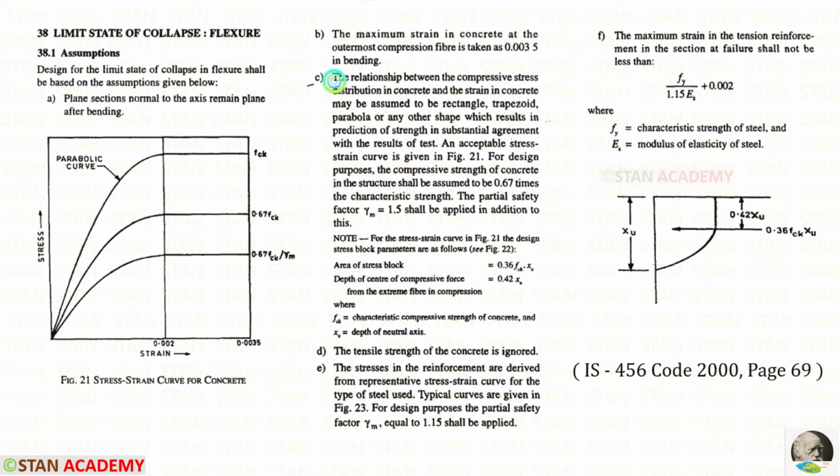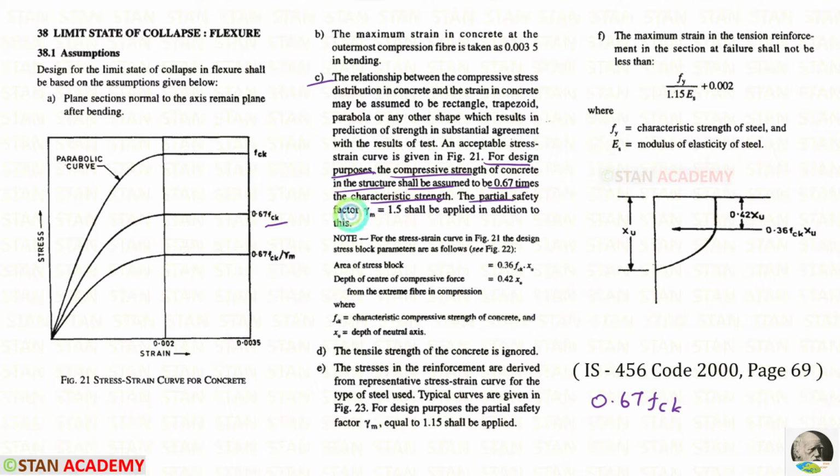Now let us see this assumption. For design purposes, the compressive strength of concrete in the structure shall be assumed to be 0.67 times the characteristic strength. We know that the characteristic strength is fck, so it should be 0.67 fck.